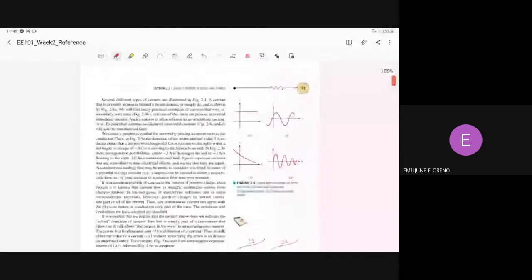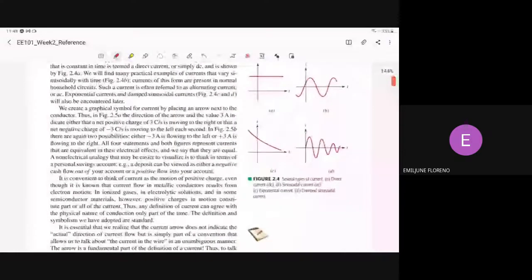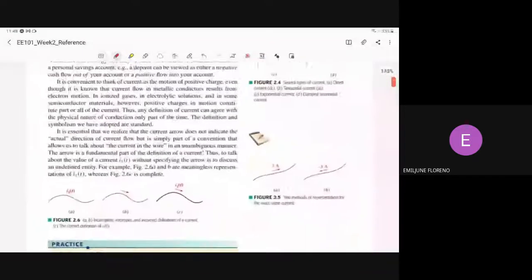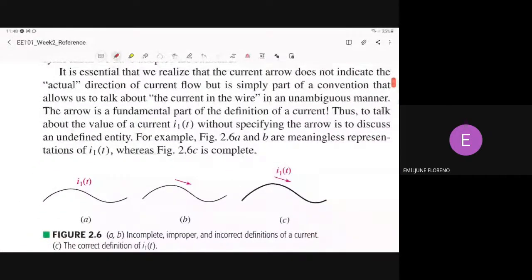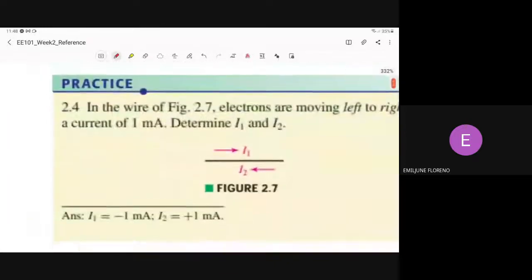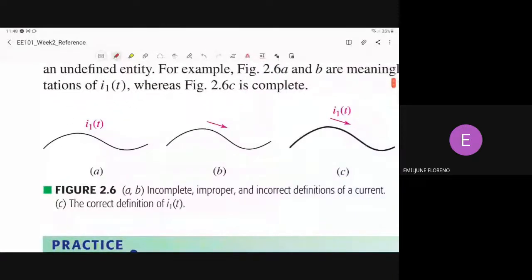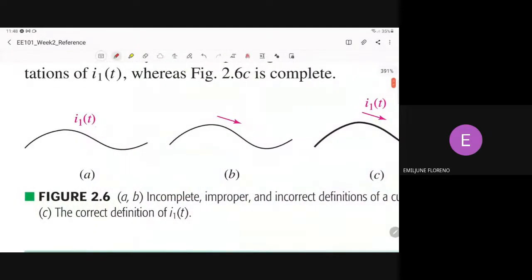Okay, so mura na siya ang important detail diri. So how to label your current? Okay, let's review. So if we are going to describe our current, dili enough nga I1 or dili enough nga symbol lang.